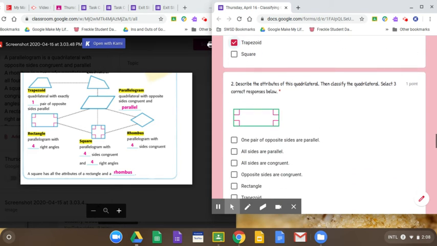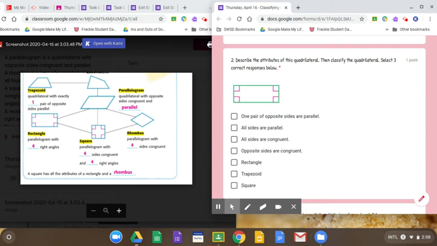The next question says, describe the attributes of this quadrilateral, then classify the quadrilateral. I showed you guys this in the first video, that you need to check the first two. Which one is it? Is it one pair of opposite sides are parallel, or all sides are parallel? For this one, all sides are parallel. This one is parallel to this one, and that one is parallel to that one. The second part is about congruence.